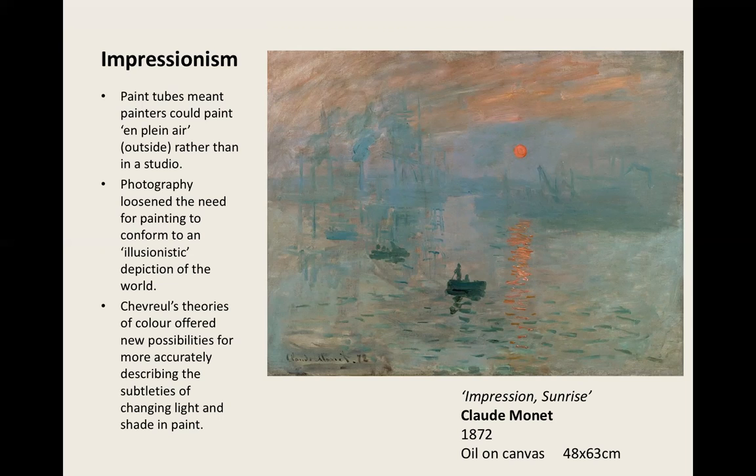As we said, photography meant that there was no need to be purely illusionistic, so painters such as Monet and Pissarro could start to think about what the sensation of colours was like and try to capture that in the materiality of paint and colour. And to return to Chevreul's theories, they were again talking about the interface between art and science.